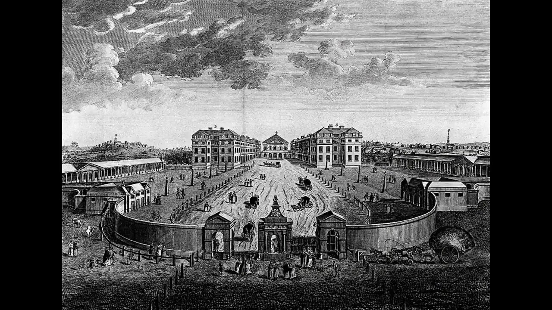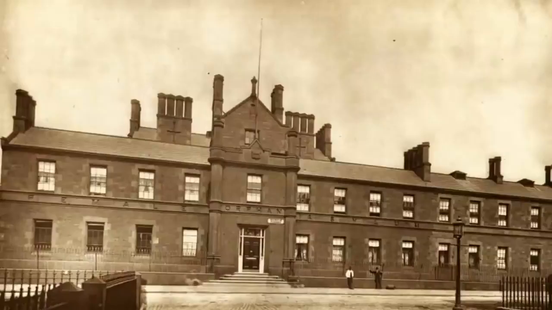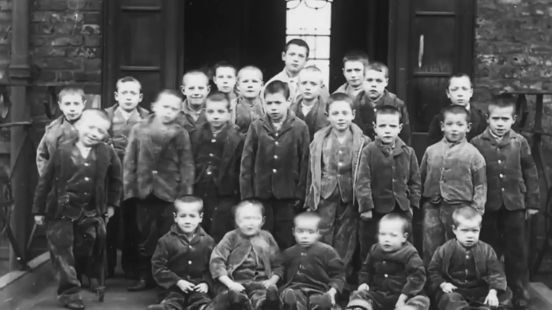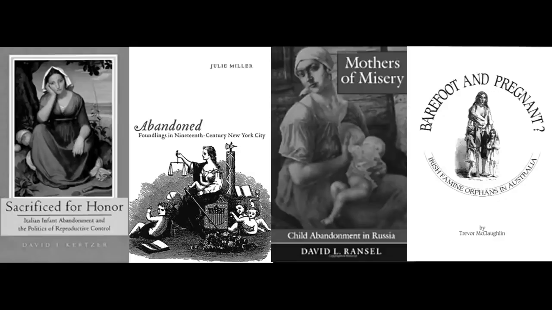Wikipedia gives us a partial list of over 64 orphanages that were founded in the UK during the 19th century. The list is only partial. The peculiar case of the vast amount of parentless children in the 19th century is well documented by many researchers.